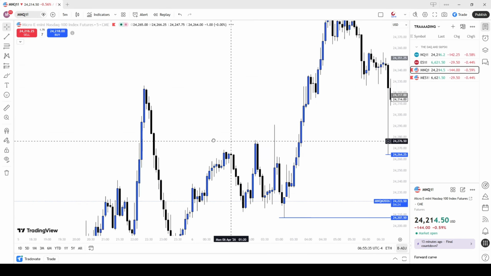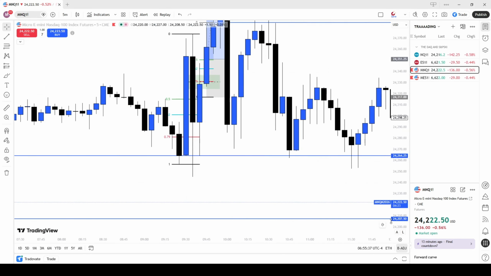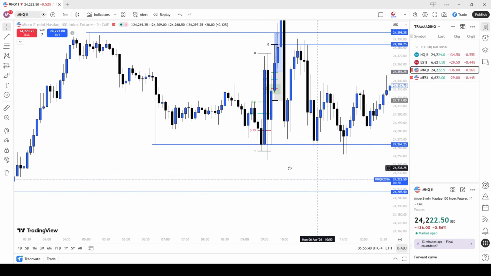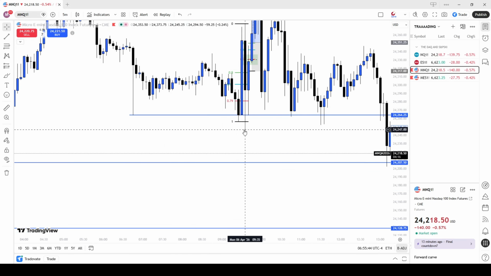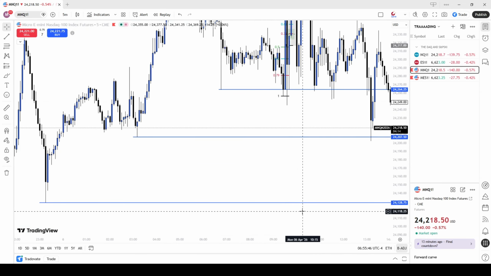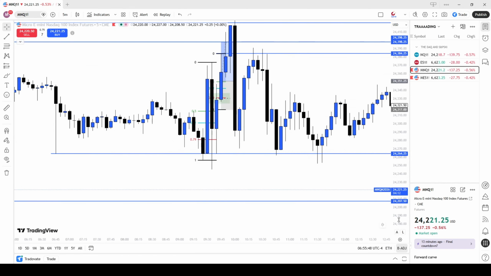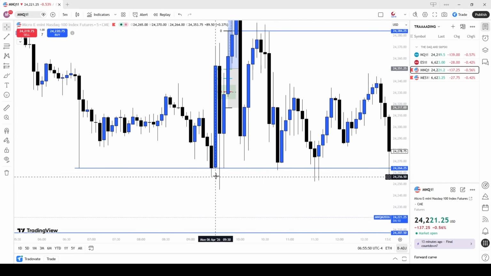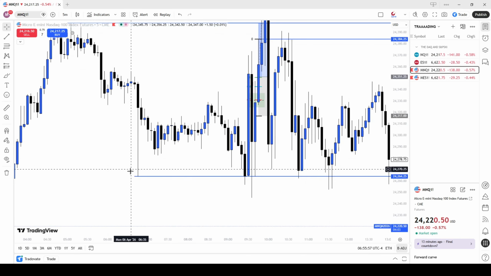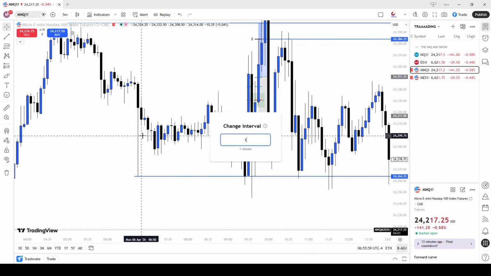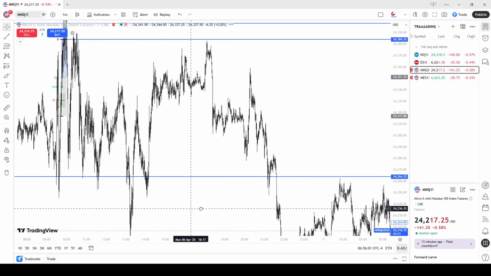We don't even break the 79% extension on the 5-minute. Obviously, if we broke structure here, I would be starting to look for shorts, but we don't do it. And actually we also sweep that low on ES. Maybe the market just wanted to sweep out this data low on both indexes. That may be the case.